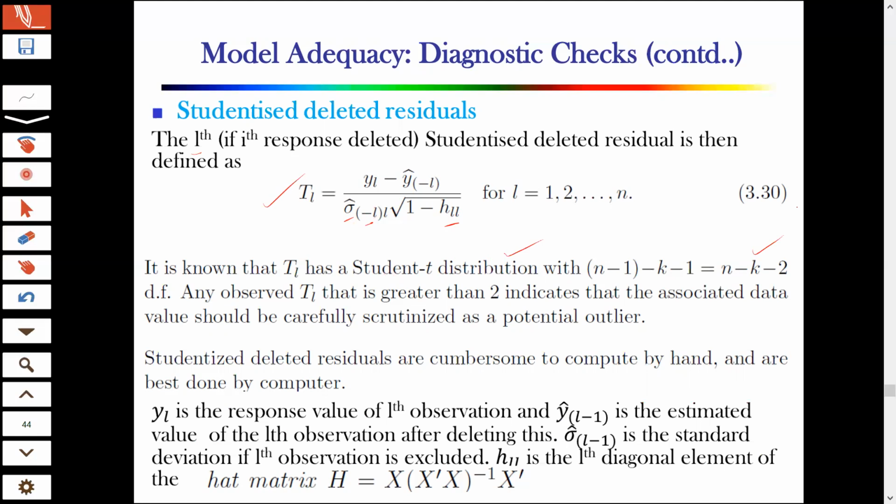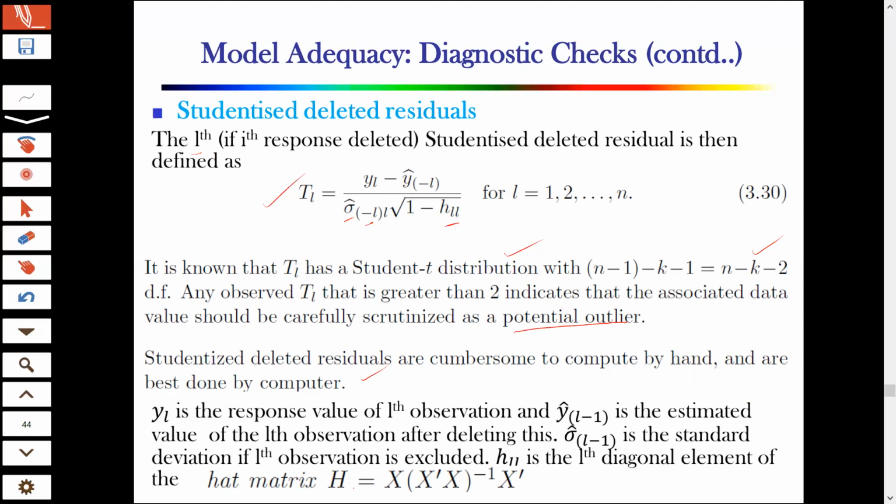Any observed t_l that is greater than 2 indicates that the associated data value should be closely scrutinized as a potential outlier. Standardized deleted residuals are cumbersome to compute by hand and are best computed using a computer.